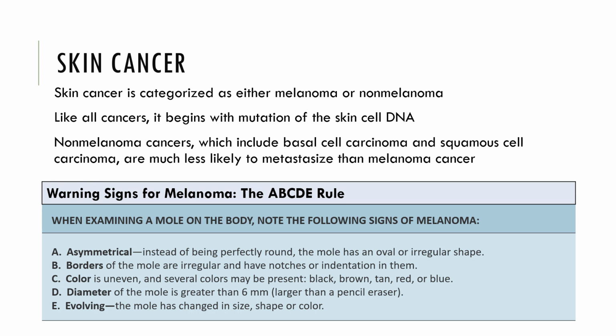Is it larger than a pencil eraser? And E, is this mole evolving? Has the mole changed size, shape, or color? Again, these are the warning signs for melanoma, and if your mole has any of these features, you should get it checked out by a dermatologist.